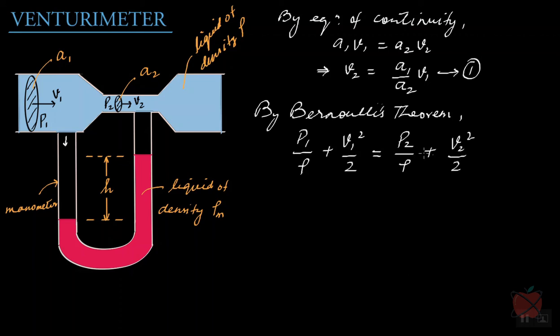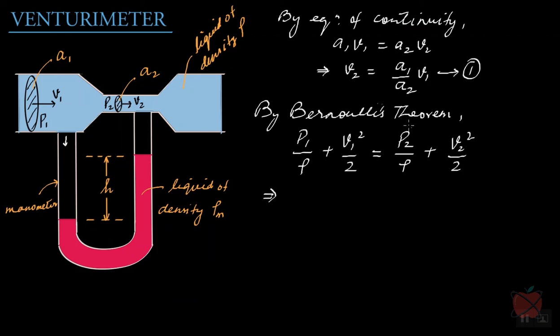You might ask me, where is the third term? The third term is actually gh. But since the height of this level and the height of this level is the same from the ground, those two terms get cancelled. Understand? So we have only these two terms.